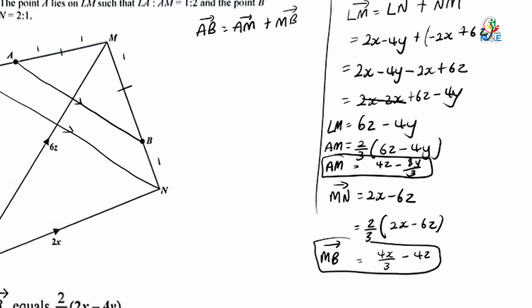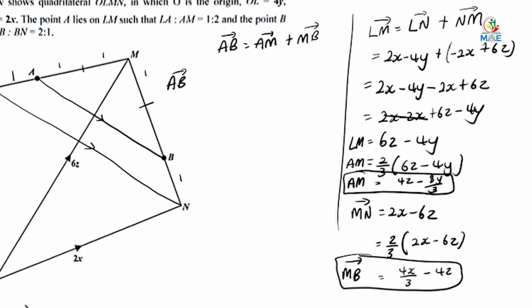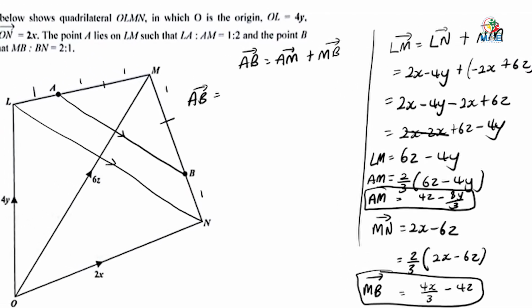So now we can put in those values there. So we can say the vector AB would be equal to AM, which is 4z minus 8y over 3, plus MB, which is 4x over 3 minus 4z. So now we can simplify this a bit further.